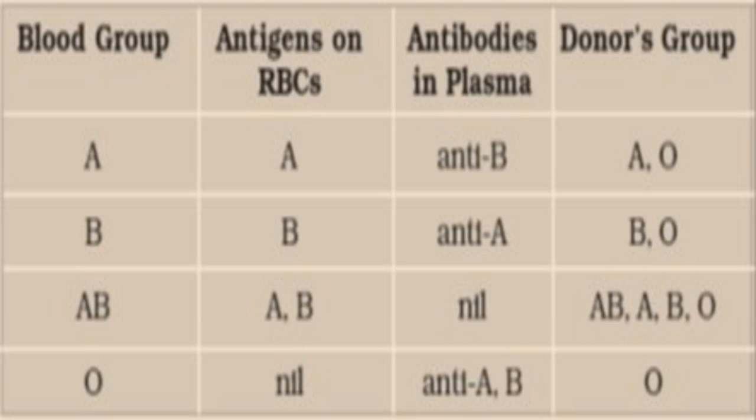It can also be monosaccharides, I mean to say carbohydrates. Okay. Blood group A has antigen A on the RBC and anti-B antibody in the plasma. It means blood group A has antigen A and antibody B.